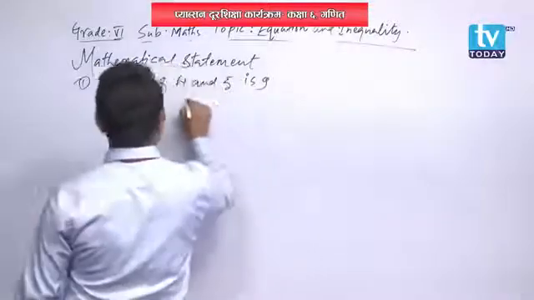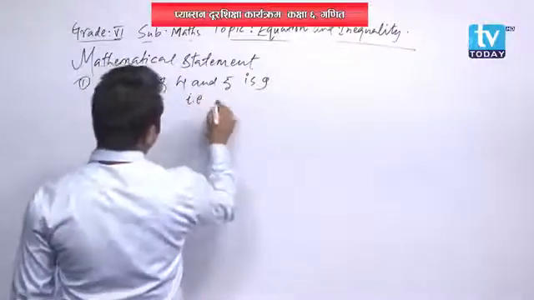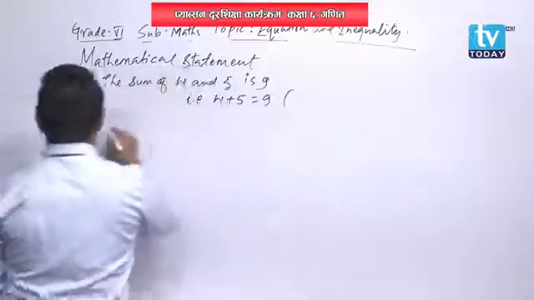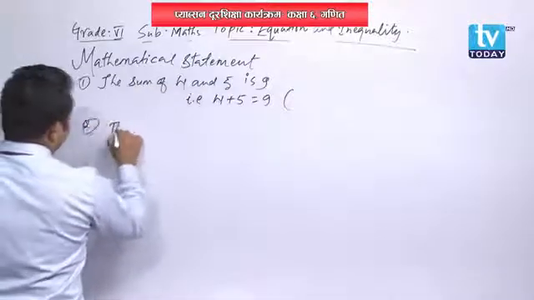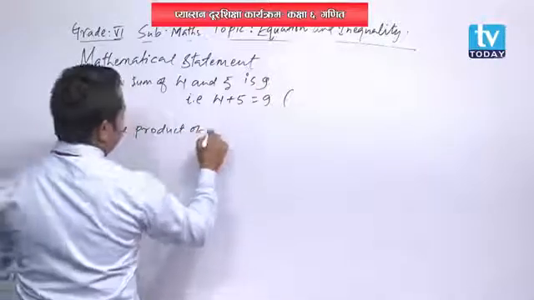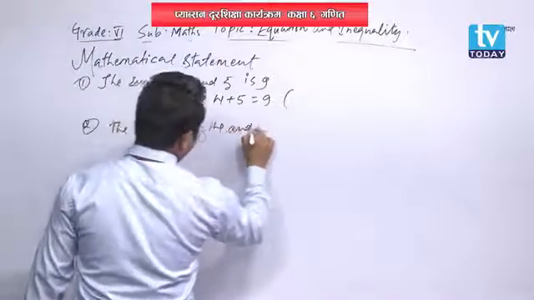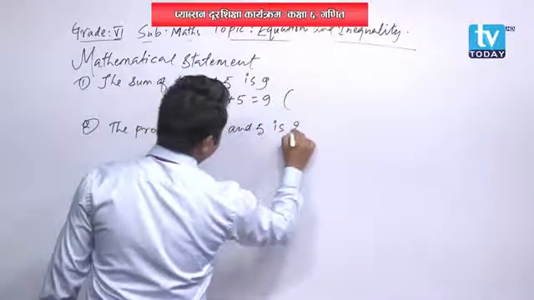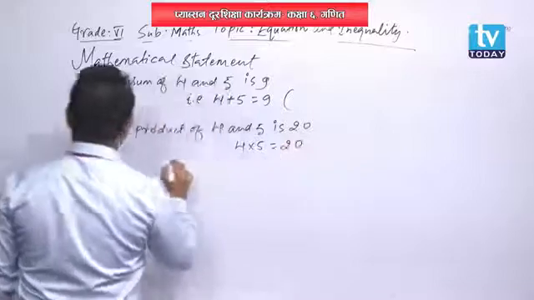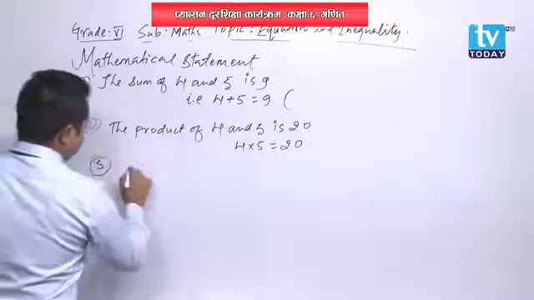The symbol for that is 4 plus 5 equals 9. Number 2, the product of 4 and 5 is 20. That means 4 into 5 is 20.